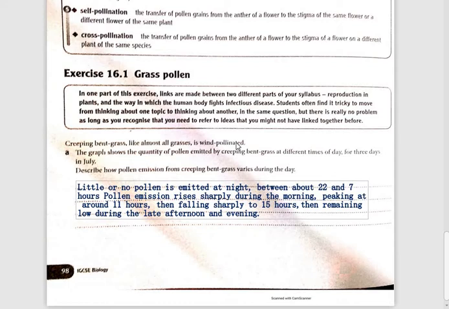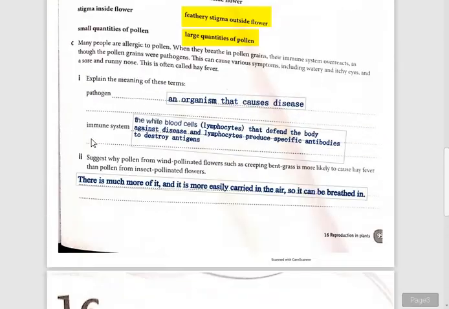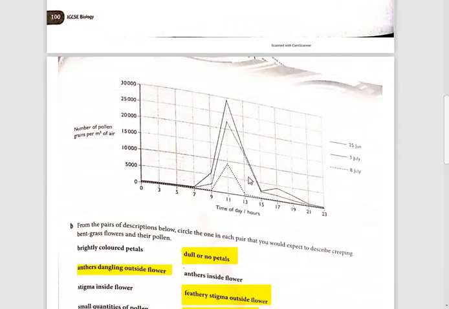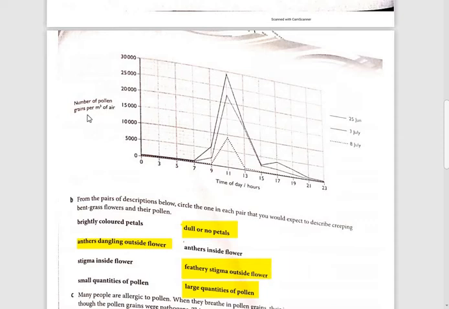The graph shows the quantity of pollen emitted by creeping bent grass at different times of the day for 3 days in July. Describe how pollen emission from creeping bent grass varies during the day. The graph they're referring to is this one: the number of pollen grains per meter cube of air against the time of the day.